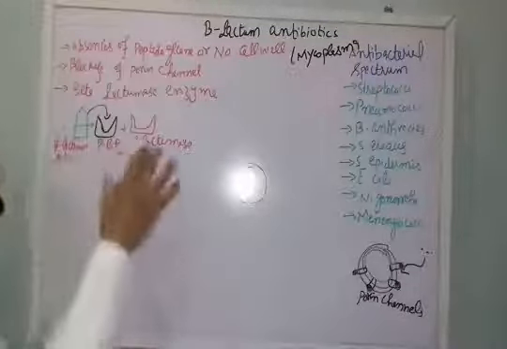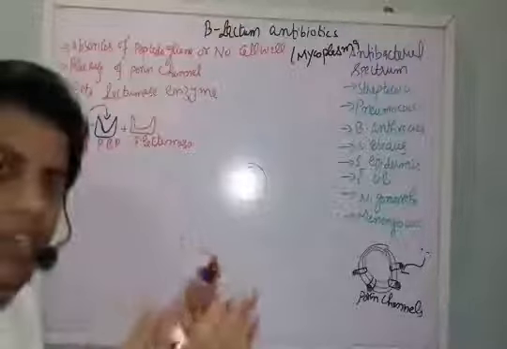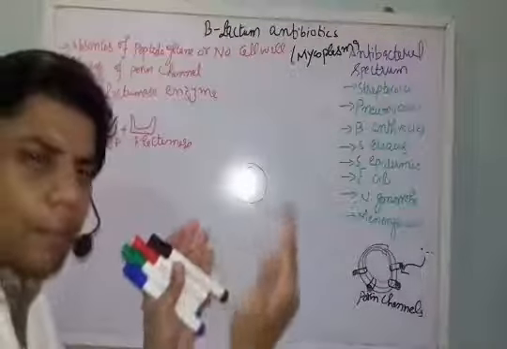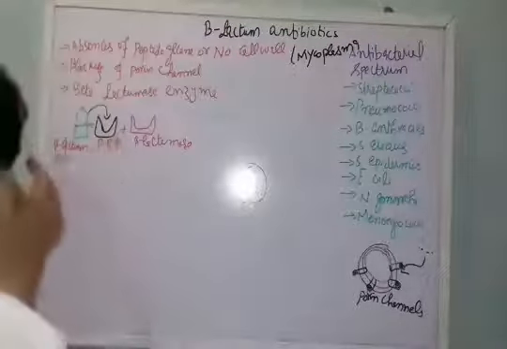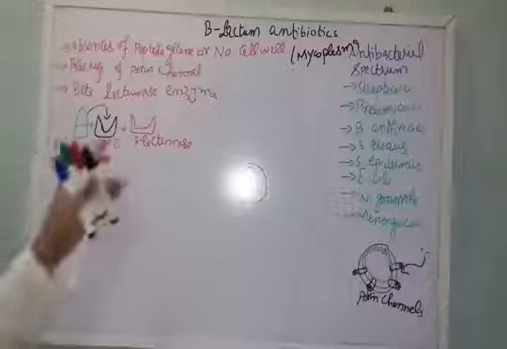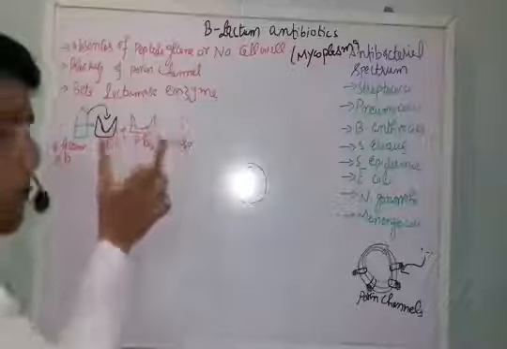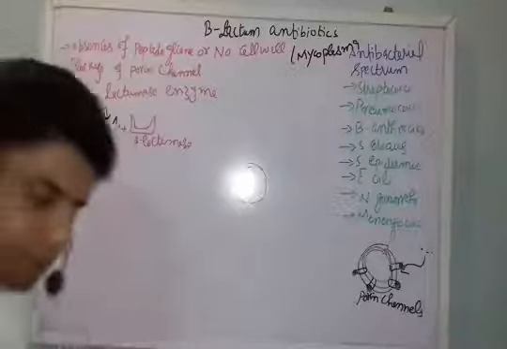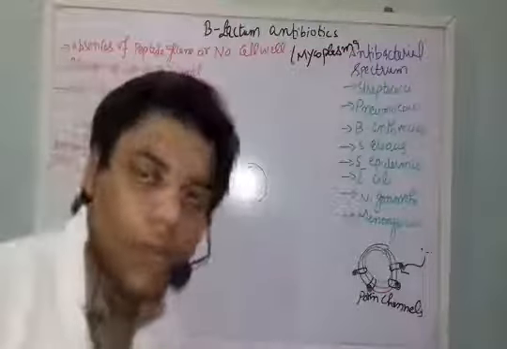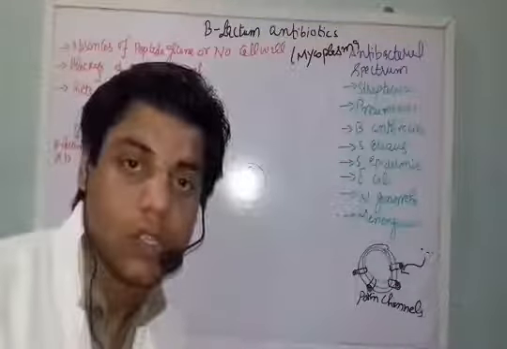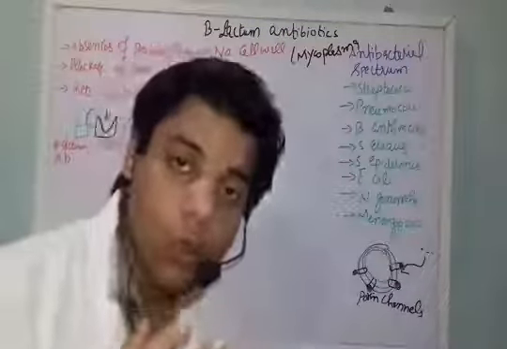But this beta-lactamase enzyme is a little bit larger, a little bit broader compared to the penicillin-binding protein. Due to this broadness of the beta-lactamase enzyme, they have high potency and high electrostatic force.